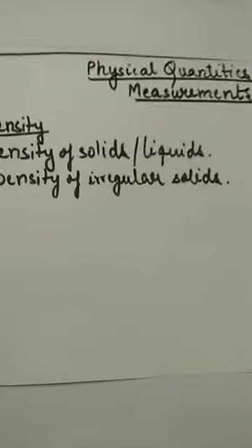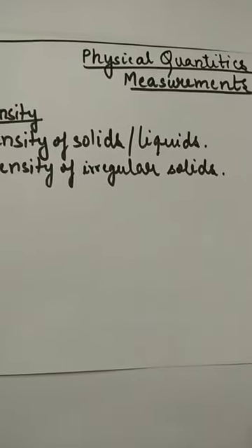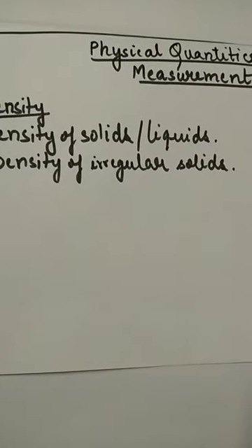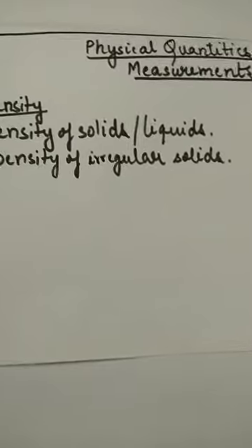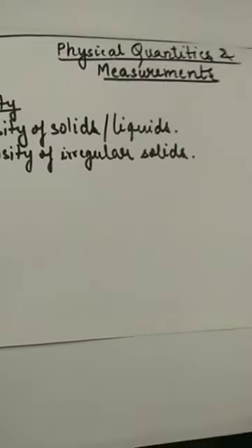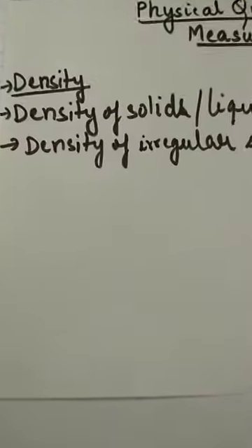Students, in our previous chapter of physics, we went through the chapter on matter. In that we studied solids, liquids and gases, and different examples of them. In this chapter we are going to understand the density of solids, which we studied in the previous chapter.